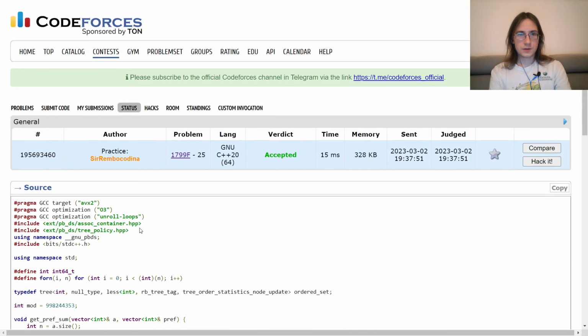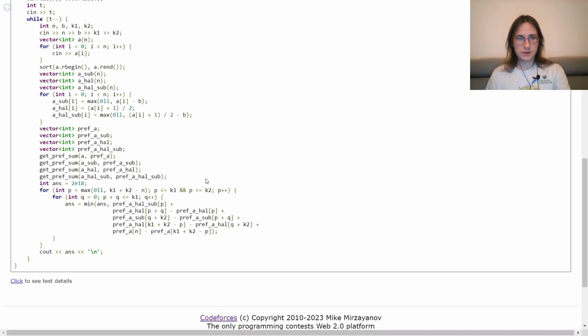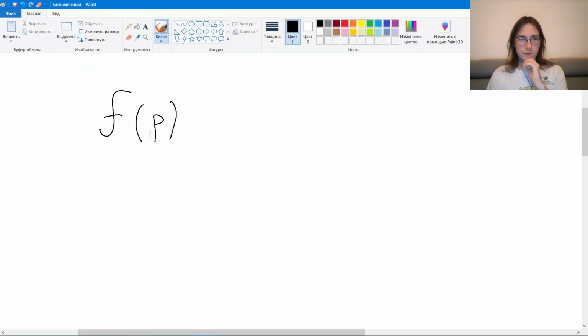And this is accepted. We could also solve this problem in n log n time if we notice that if we denote f of p as the best answer for such a specific p, this function is convex, meaning that the change in its value with each following p increases.